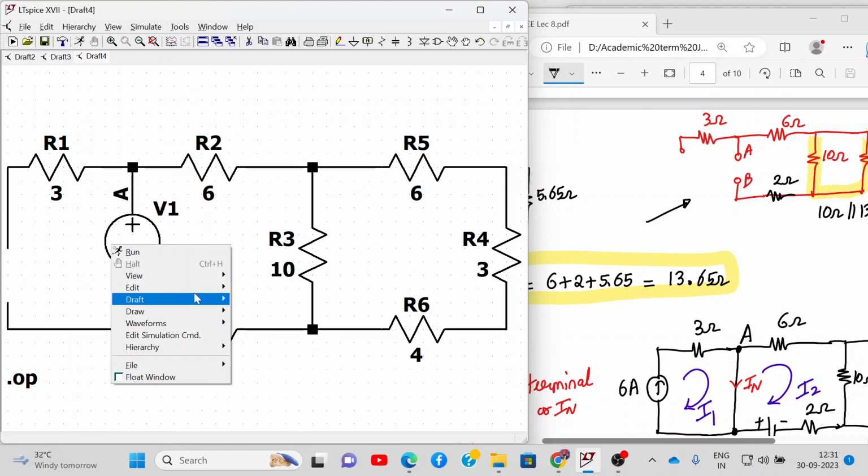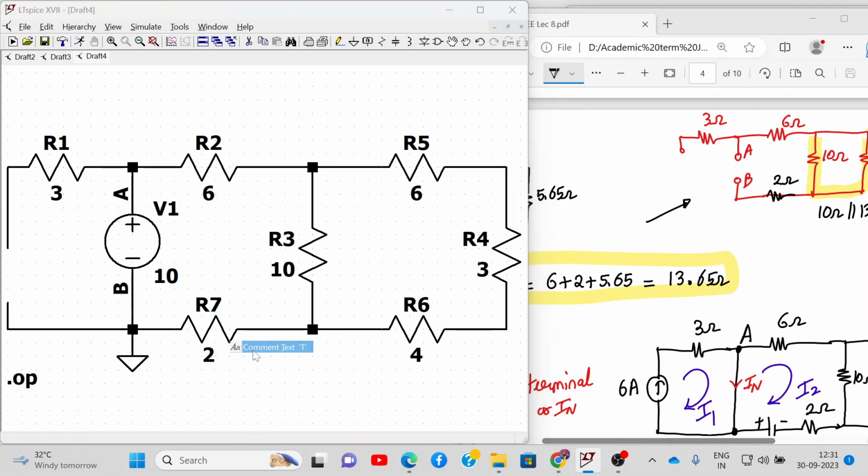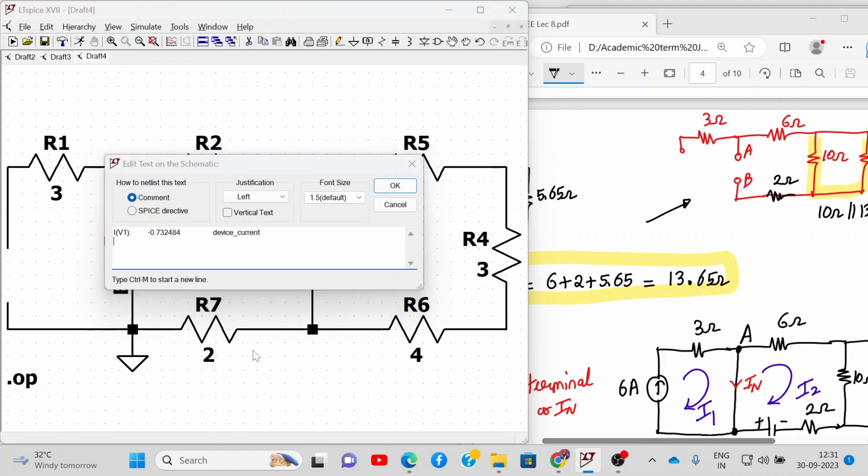So I'll calculate the value of Rn actually. So this is the revised current. V1 value is around 10 volt, right? Which we have given. So how will you calculate Rn or RAB? That will be V1, that is voltage, divided by current flowing through that voltage source.